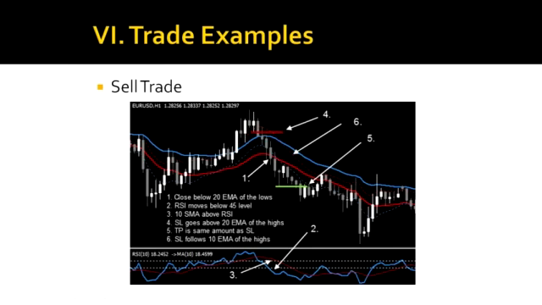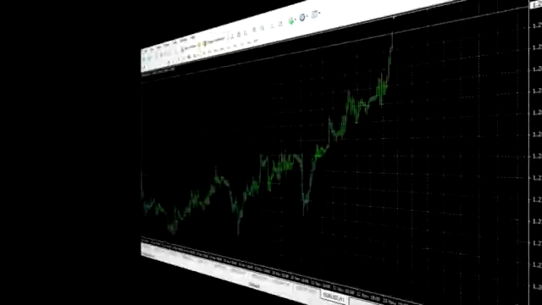We have a 55 pip stop loss, meaning we've got a 55 pip take profit level. And as the market starts to move, we almost immediately start to move our stop loss closer and closer to our entry level. Very nice trade, very clean, very easy, very simple, but very effective. So let's get to the charts.